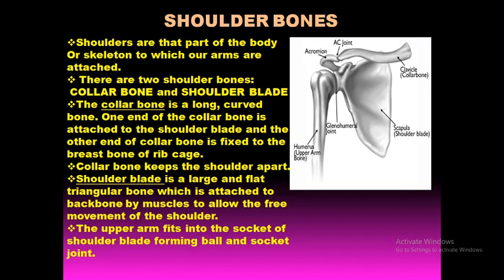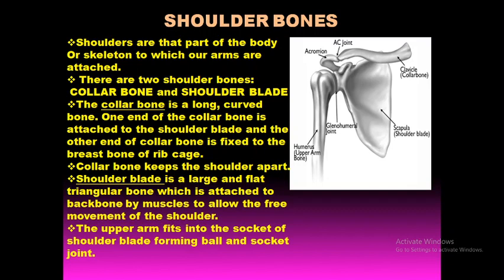Next we are coming to the shoulder bone or the shoulder blade. It is a large and flat triangular bone which is attached to the backbone by muscles, and this structure gives flexibility. That means it allows the free movement of the shoulder. So the upper arm fits into the socket of the shoulder bone by a ball and socket joint.